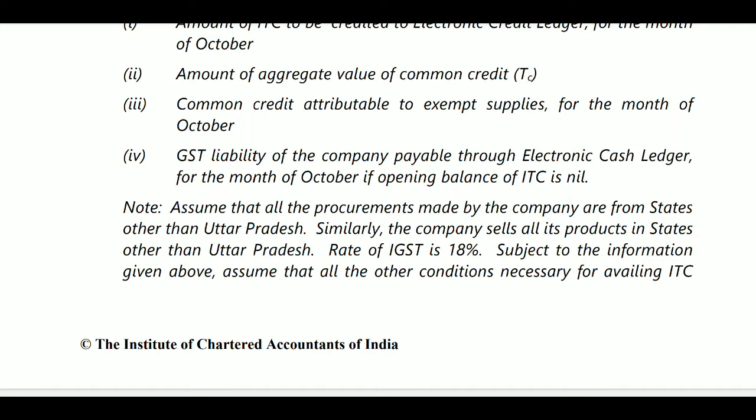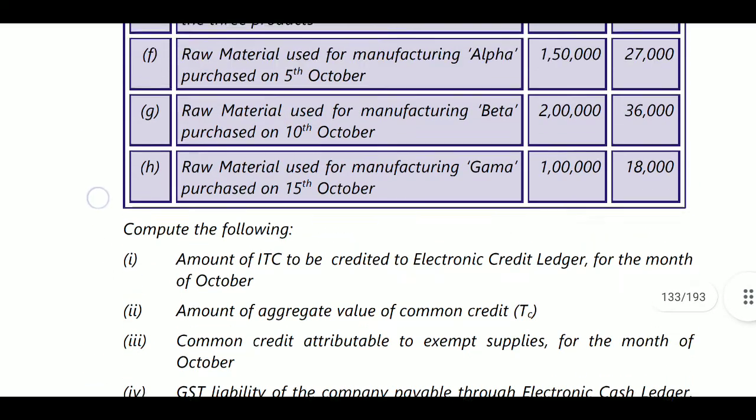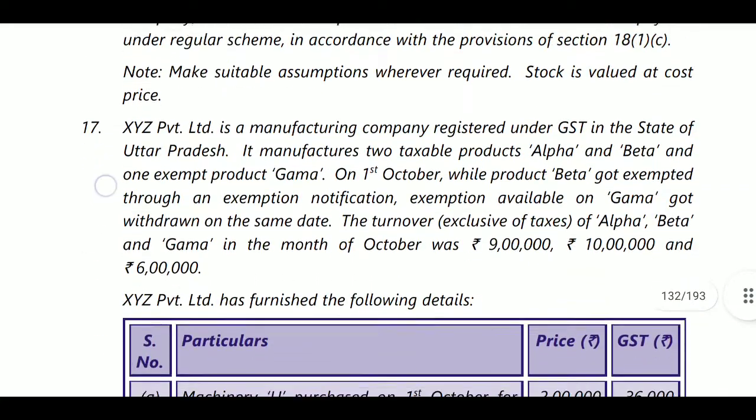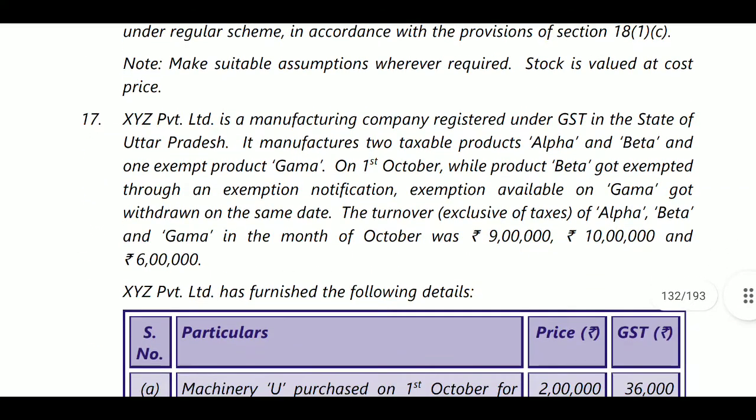As per ITC we have 99,000, and we should pay after the common credit utilization is computed, from IGST payable. So for the month of October, it is 9 lakhs, 10 lakhs, 6 lakhs. On 9 lakhs we have to pay 18%, 1,62,000.